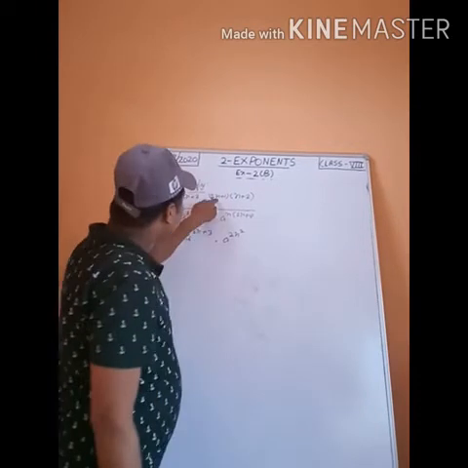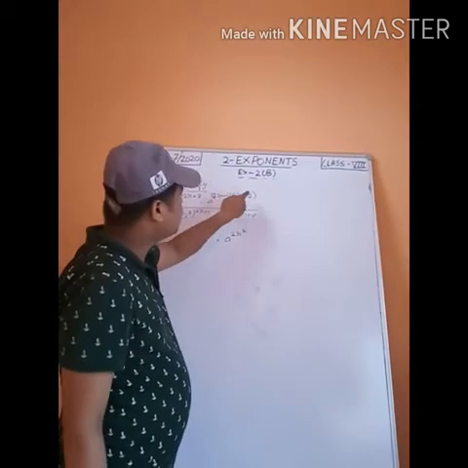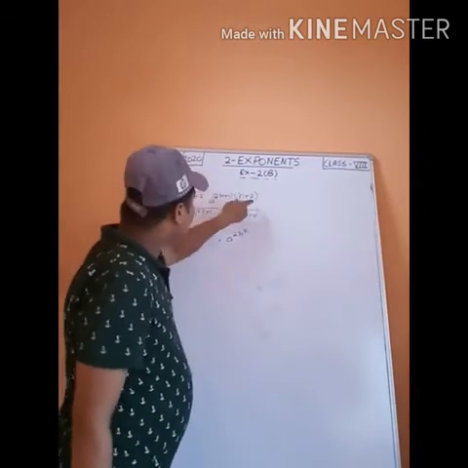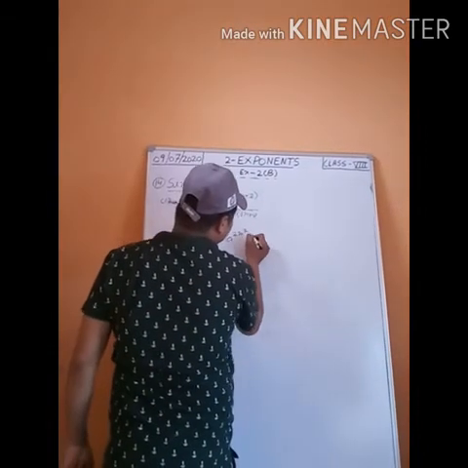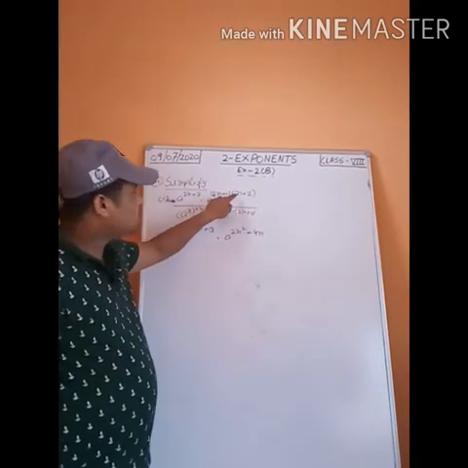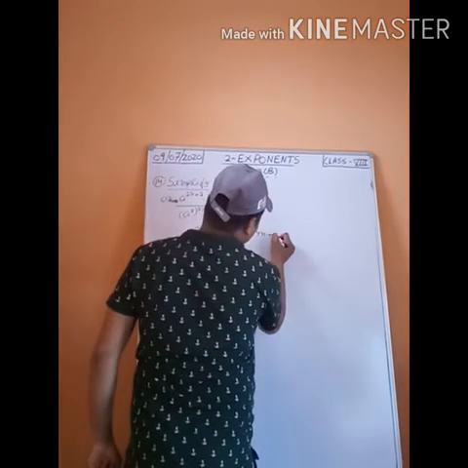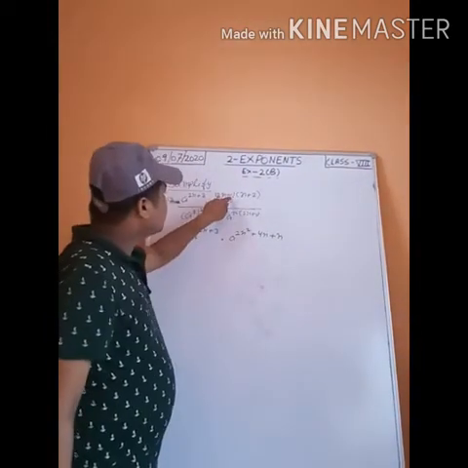Then 2n multiply this 2, one time with this n, one time with 2, so 2 twos are 4n plus 4n. Now 1 multiply this n, so 1 multiply n, plus n. Then 1 multiply this 2.